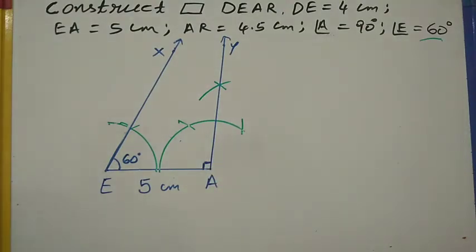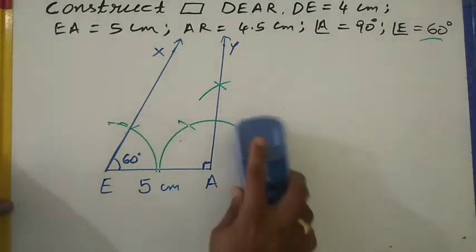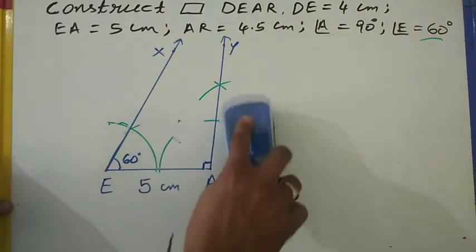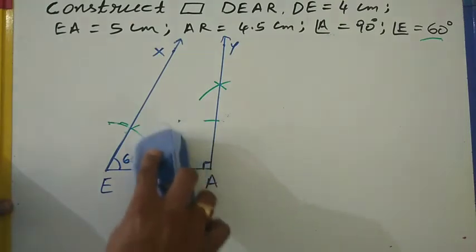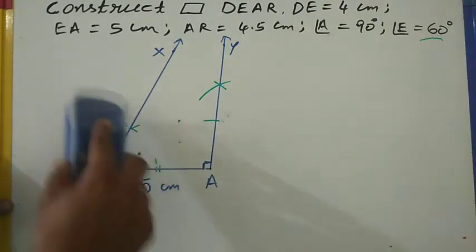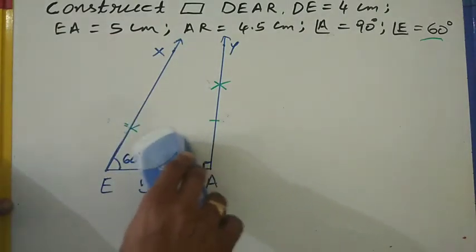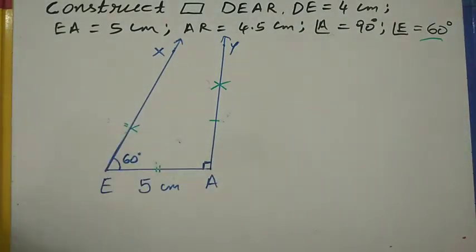So, children, after doing this, now my next job is identifying points D and R. So, to do that, let me wipe out these arcs so that they do not confuse you. I have taken away unnecessary extra things.